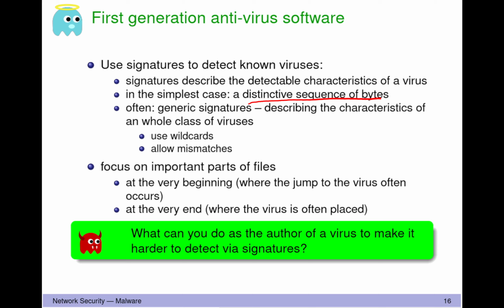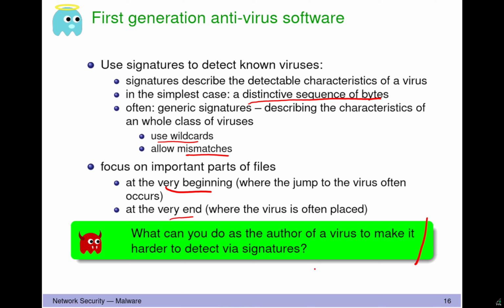Often it's also with wildcards and allowing mismatches, but basically you have pattern matching. You can focus on important parts of the files, in the beginning or at the very end, where viruses are often placed, but you can also go through the whole file, looking for these bit patterns, these instruction patterns.